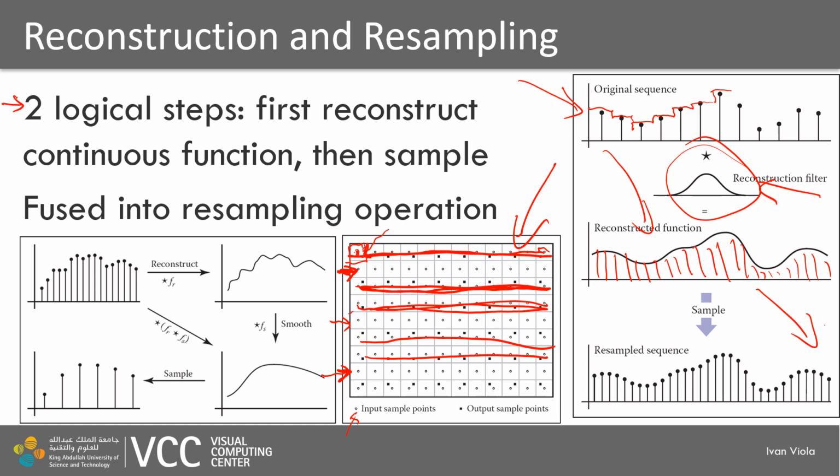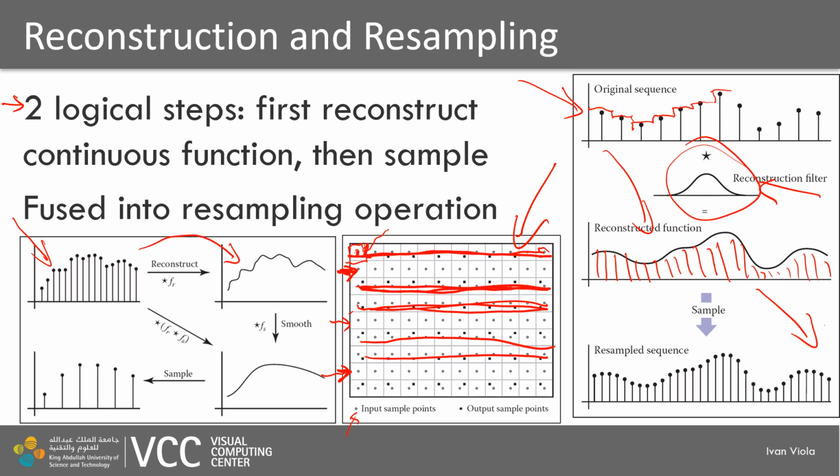So these logical two steps of reconstruction and resampling are performed in the following way. First, we have input samples, either higher or lower sampled than the outcome samples. Then we perform the reconstruction of the continuous function.